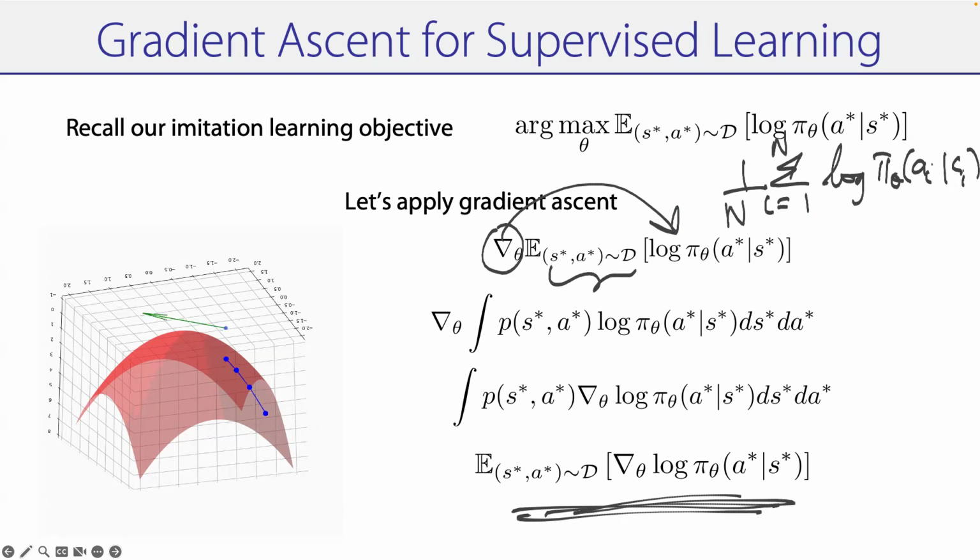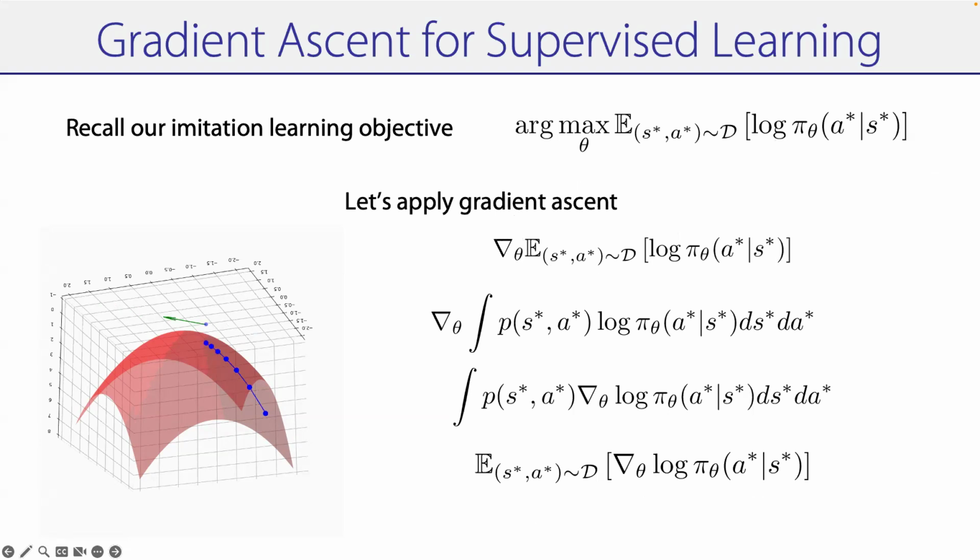So the important thing is you want to move the gradient inside and you want an expectation. Cool. Any questions? Make sense?